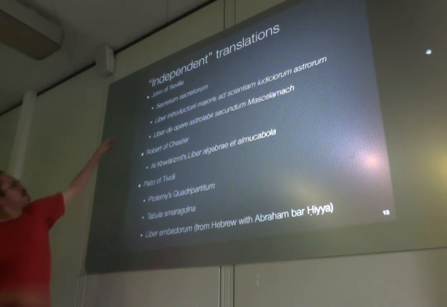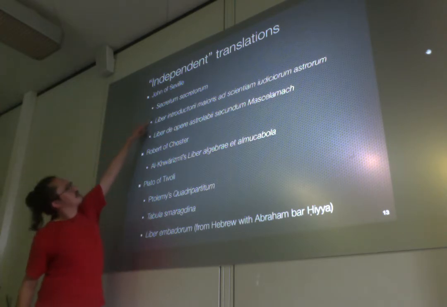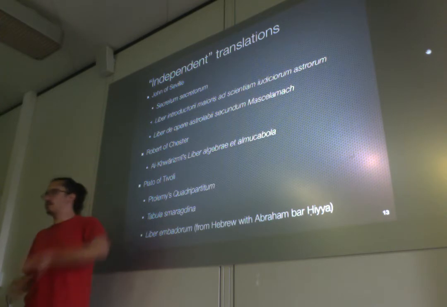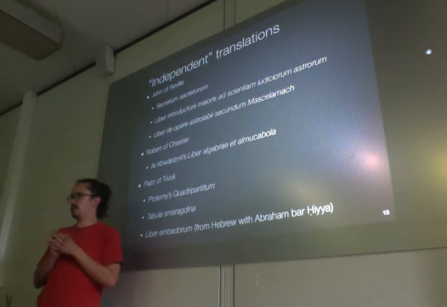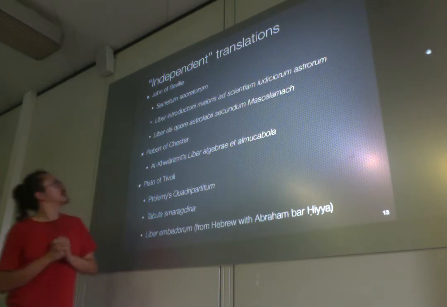So John of Seville made this Secretum Secretorum, which was purported to be written by Aristoteles for educating Alexander the Great.